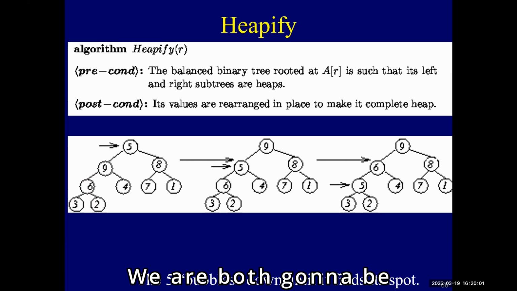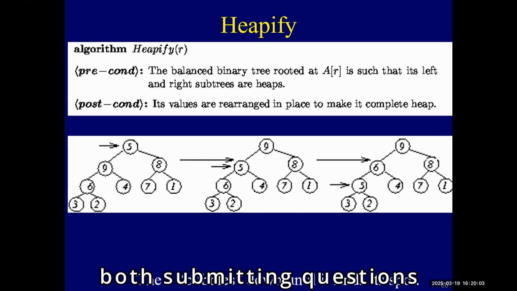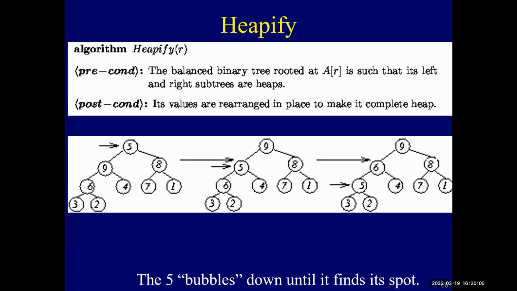We are both going to be submitting questions to each other and proving them. And the other person, yes. No, 3 of us. There are 4 sections. Jackie is 2 of them. There are 3 professors.